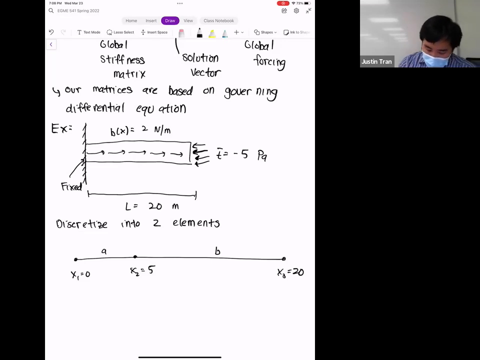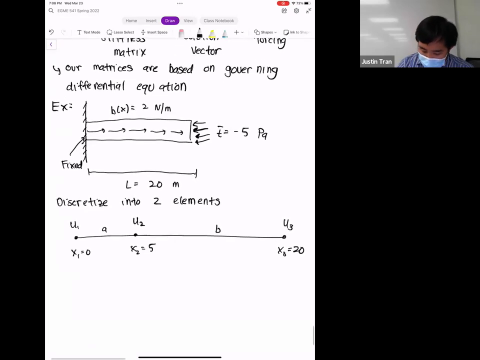And of course, we have our solution variables u1, u2, and u3. Based on this mesh, let's find the finite element solutions for the nodal displacement values.